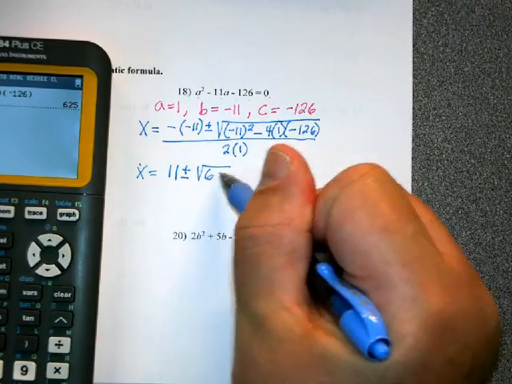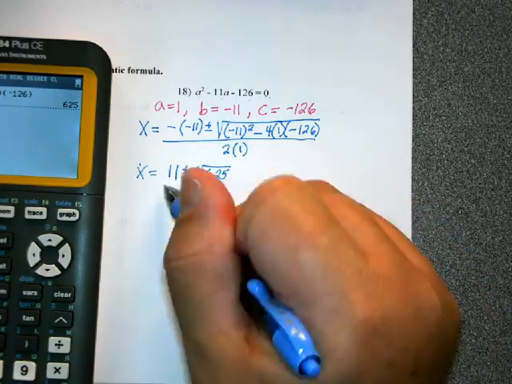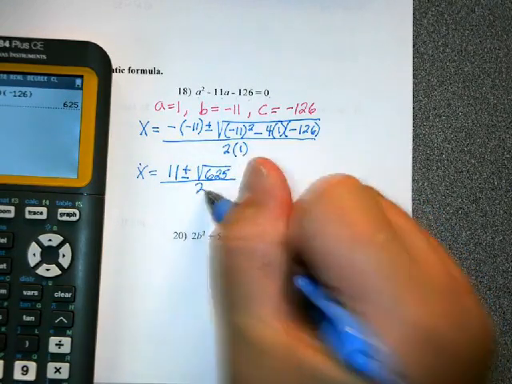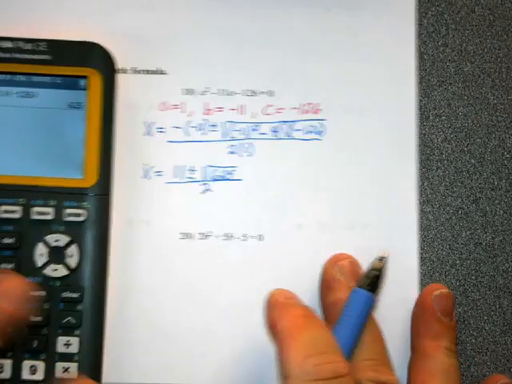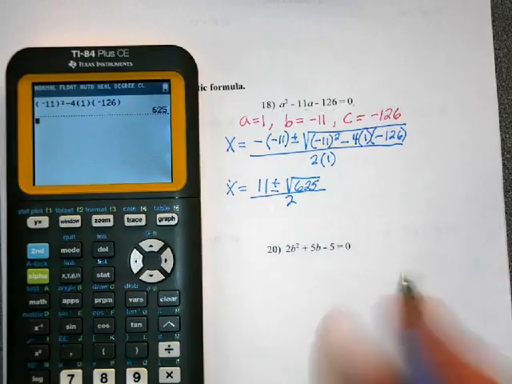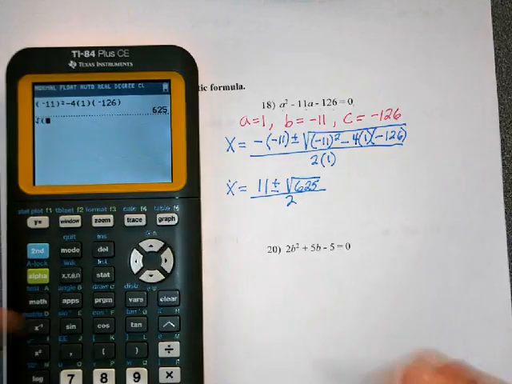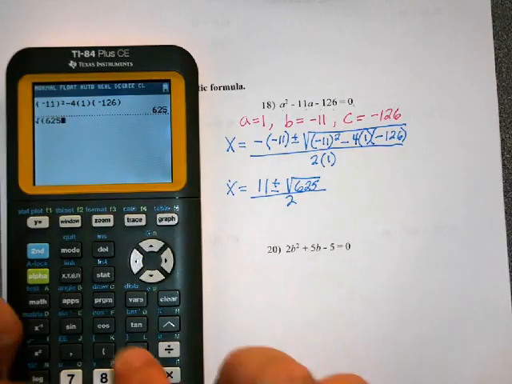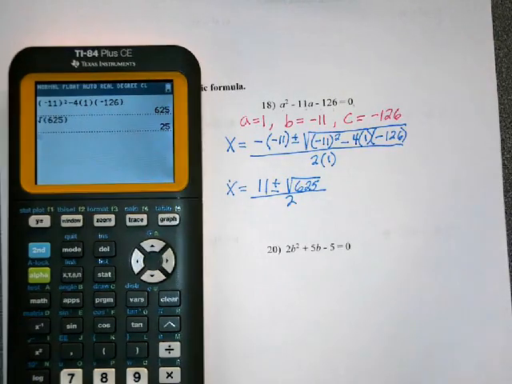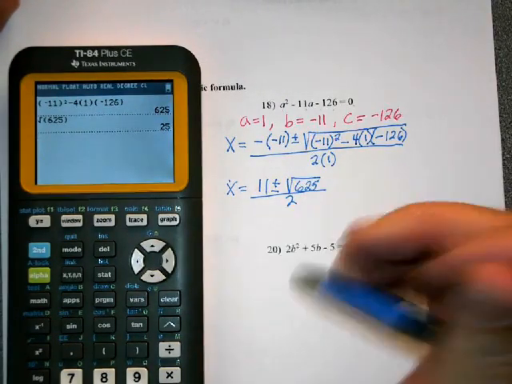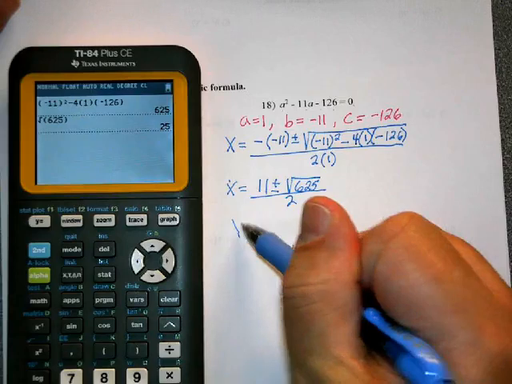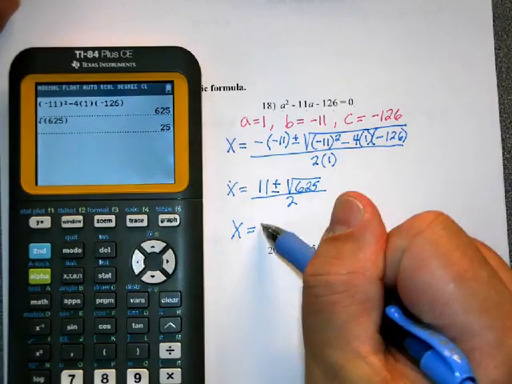And just for the heck of it, I know that 625 is a perfect square, but you guys should check regardless. Let's take the square root of 625 and see if that's a perfect square. And it is. It's 25. x equals 11 plus or minus 25, all divided by 2.